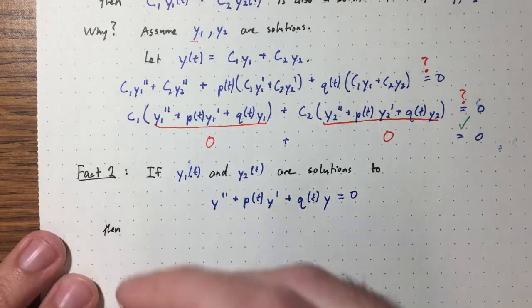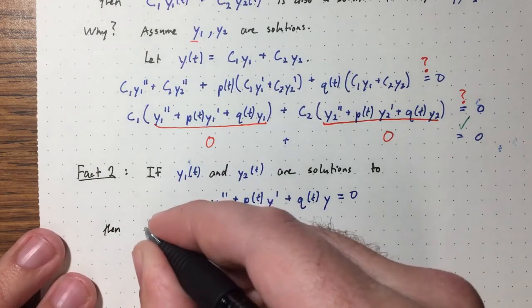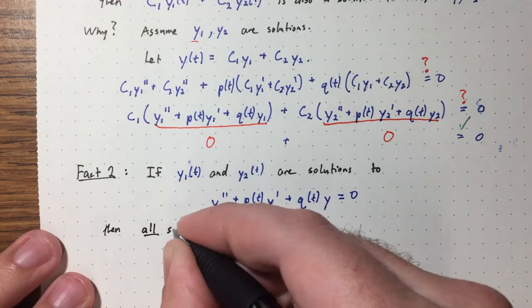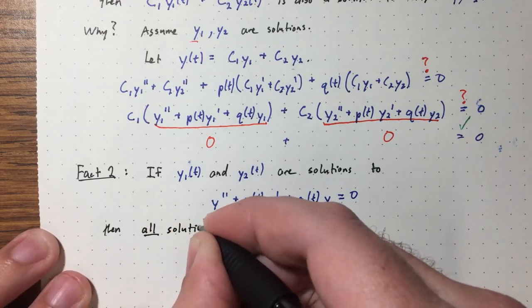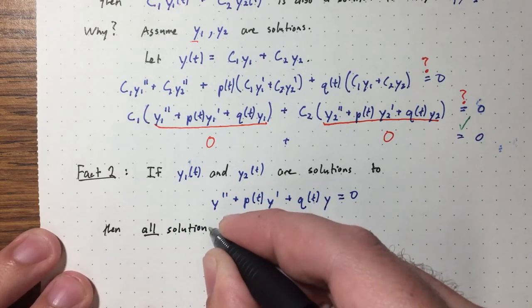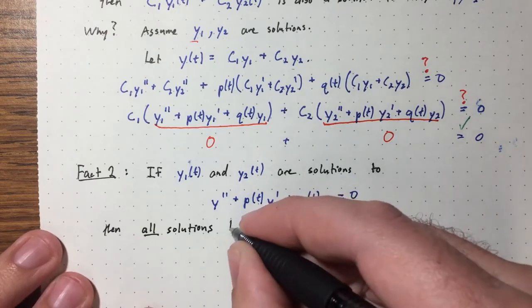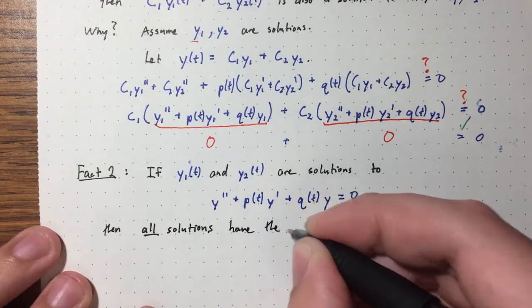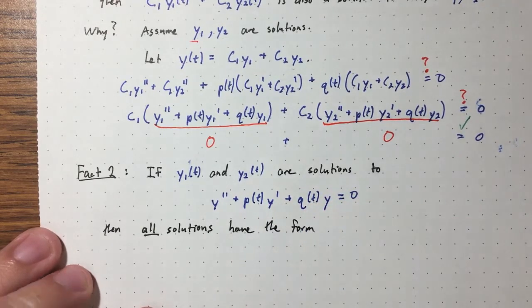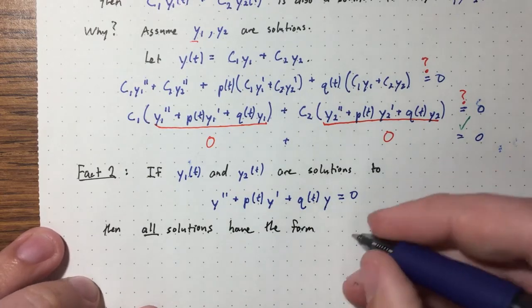this is really amazing. So then all solutions to the differential equation, I can tell you what they all look like. All solutions have the form, yeah, it's pretty crazy.